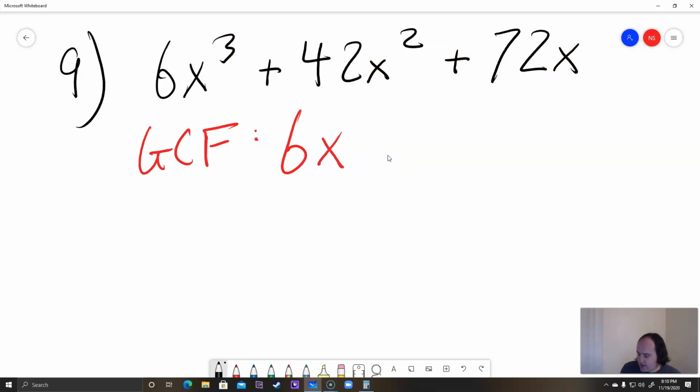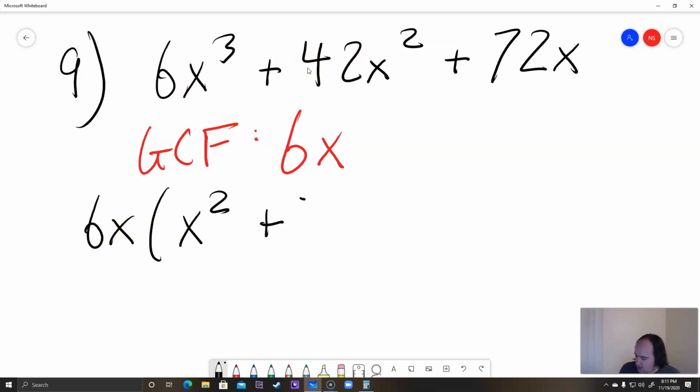Okay, so right off the bat we want to factor out a 6x, and then we have to figure out what's left. So if we factor out a 6x, we're left with an x squared for our first term, and then for our middle term, we know that 6 times 7 is 42.